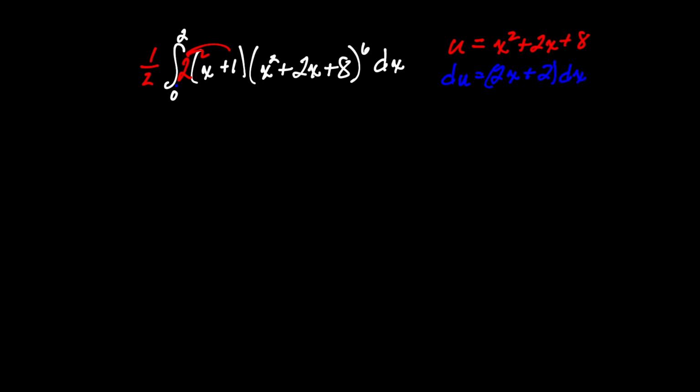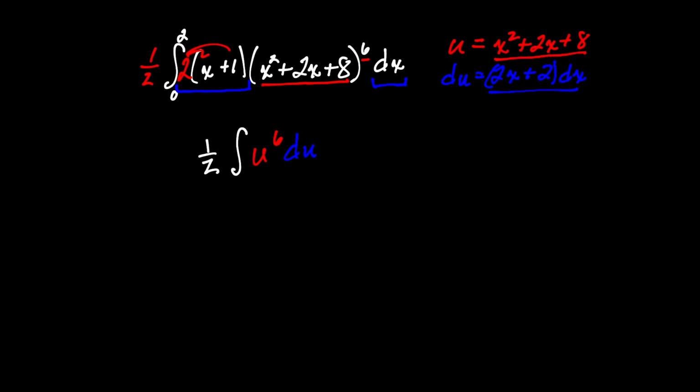So here's my 2x plus 2 when I distribute the 2, and here's my dx. So that takes care of this. Over here, I have u to the 6th power. So I'm going to rewrite that as u to the 6th power, and then I just have du. Then I'm taking the antiderivative of that and multiplying by a half.